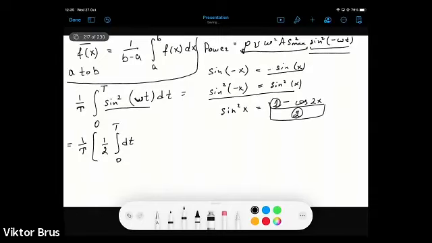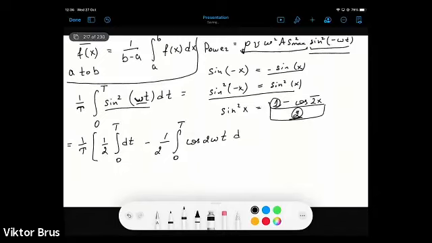Then there will be minus, and we will have again the 2 from the denominator here. Then we will have the integral from 0 to the time interval, the period of the wave, of cosine 2 omega t. We had omega t, we need to add the 2 because we have 2 in the argument of cosine.